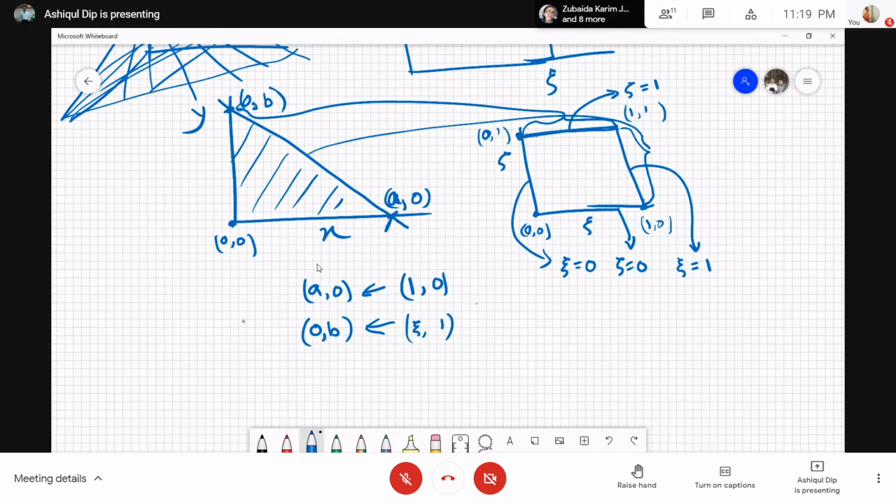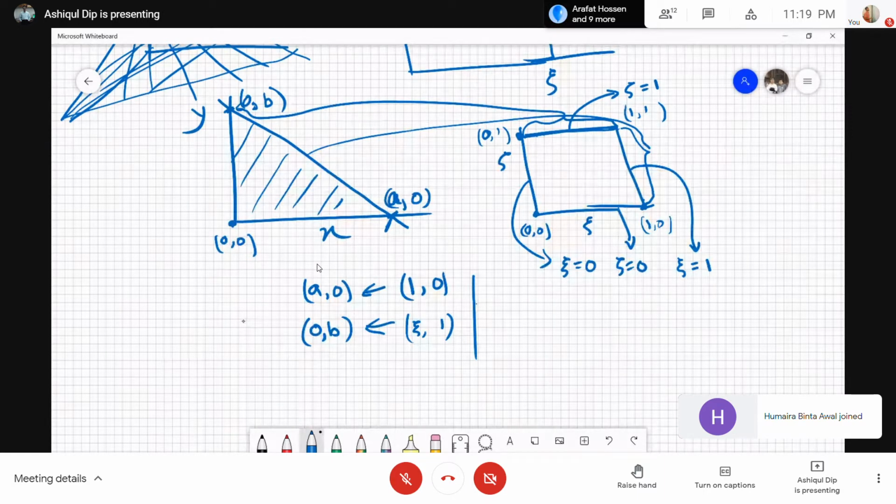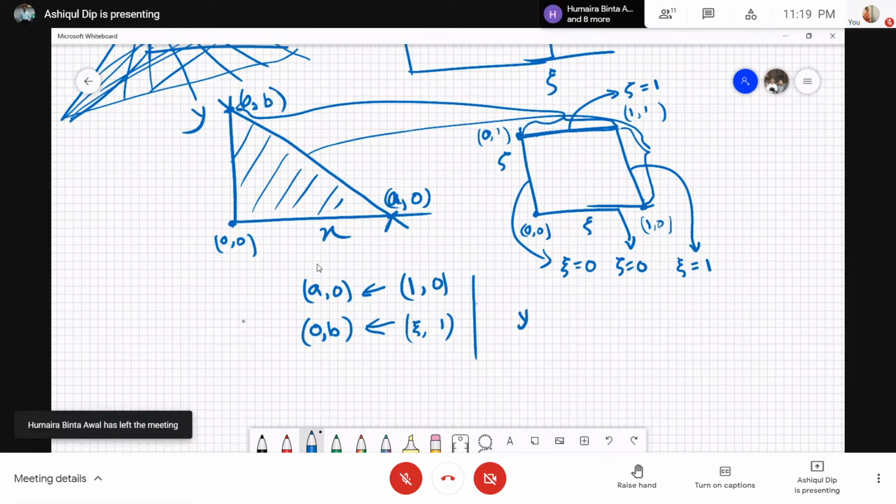So let's try some linear maps. Any big idea what the map here should be?